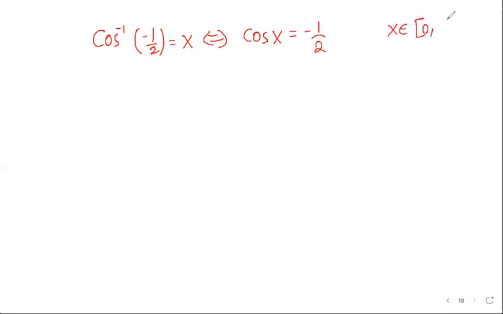So cosine inverse of negative 1/2 equals x. This means cosine of x equals negative 1/2. So what is the value for x that belongs to the interval from 0 to pi, such that if I plug it here, it gives me negative 1/2?